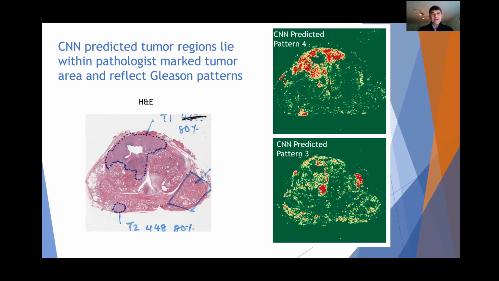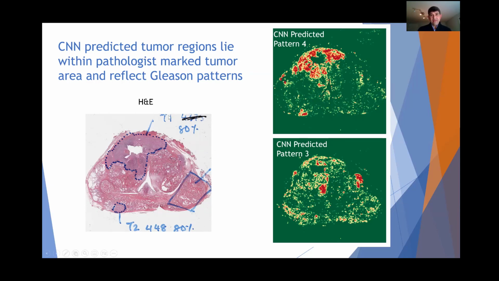So to give you a sense of how the individual patch predictions are related to the individual image, we can map the individual patches back to their coordinates on the image and create heat maps based on the predicted probabilities of grade pattern 3 and grade pattern 4.